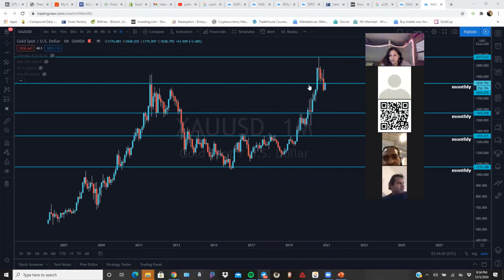Every dollar that gold moves is equivalent to 10 pips. Okay? So if gold goes from 1860 to 1861, you're already in profit 10 pips. If it goes from 1860 to 1865, you're already in profit 50 pips.